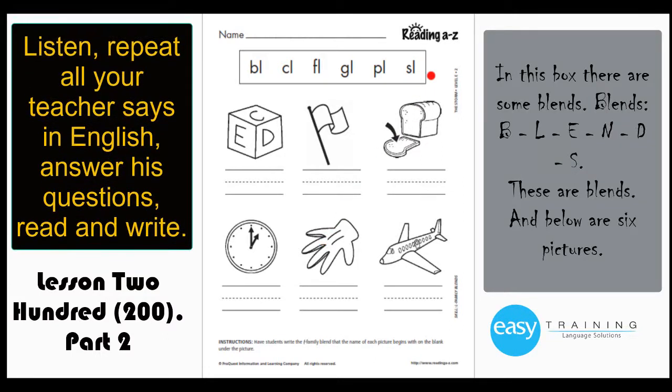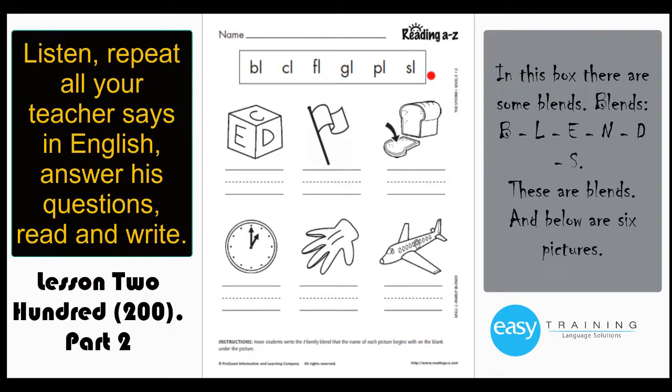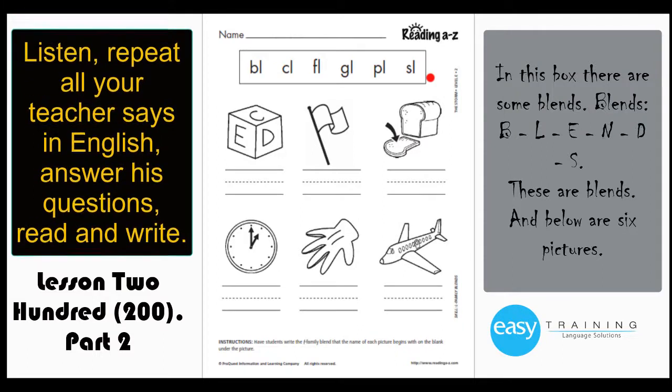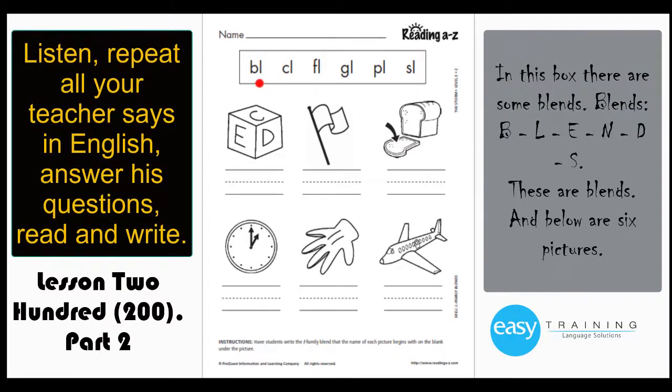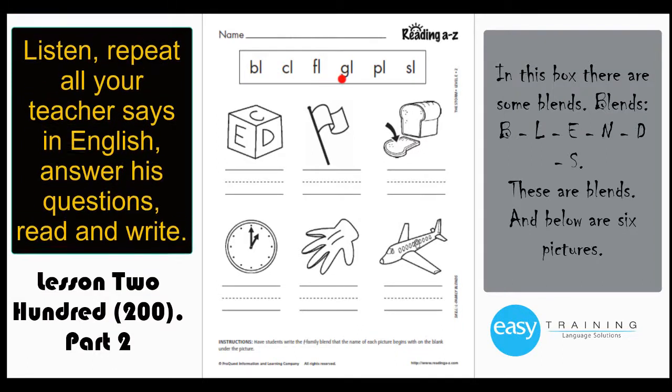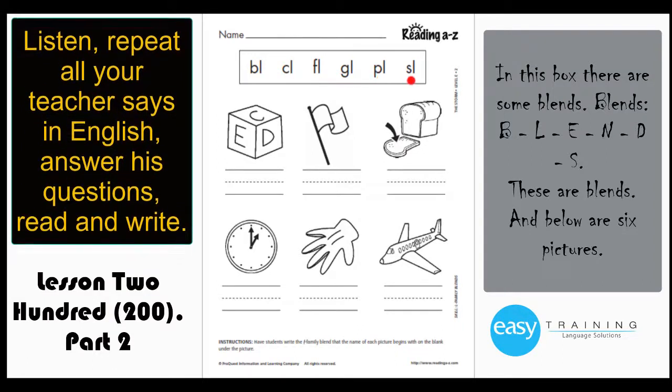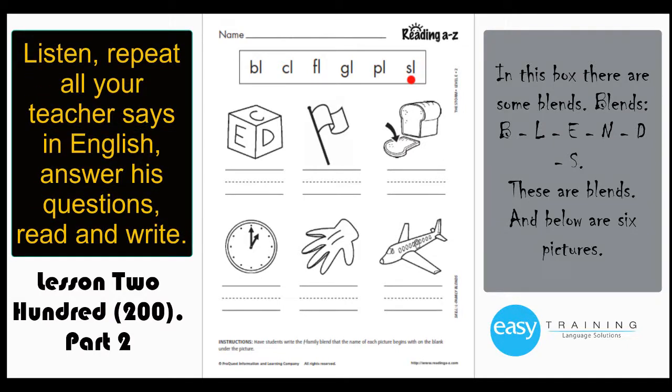In this box, there are some blends. Blends, B-L-E-N-D-S. B-L, C-L, F-L, G-L, P-L, and S-L. These are blends.